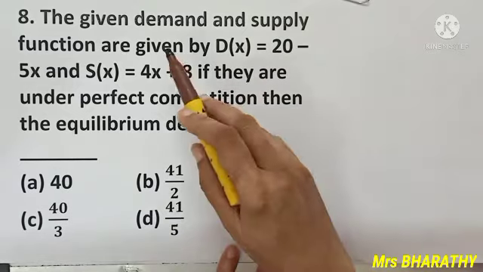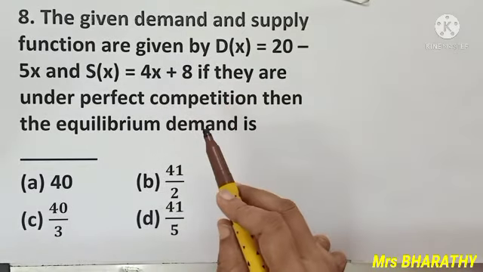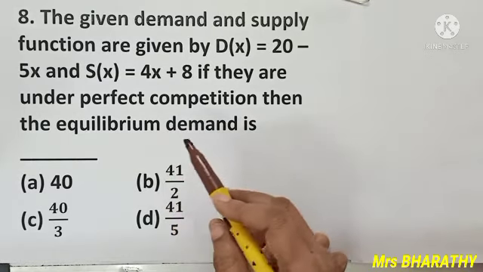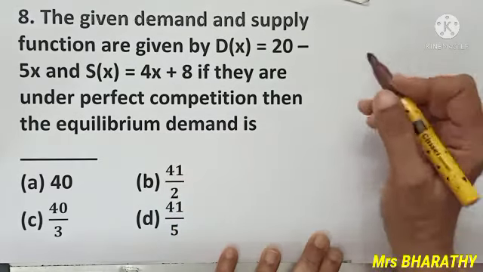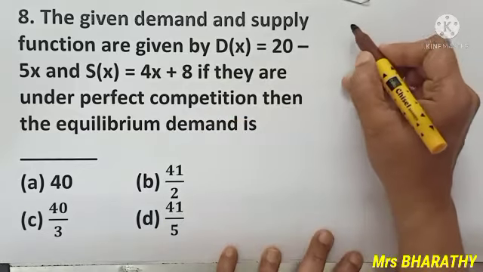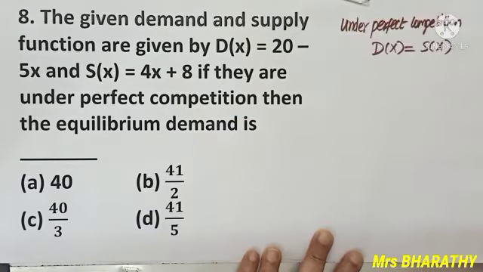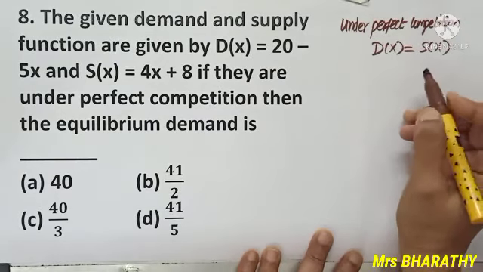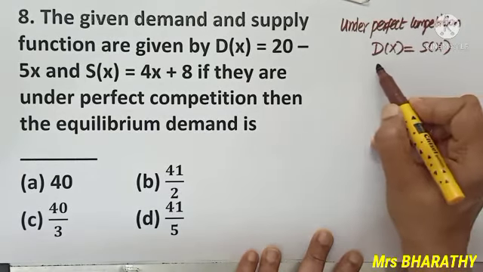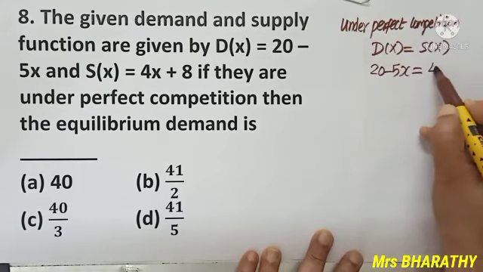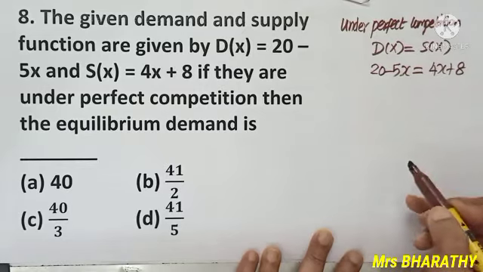Question number 8. Given demand and supply function, under perfect competition, we need to find the equilibrium demand. So, under perfect competition, d of x equal to s of x. d of x 20 minus 5x, s of x 4x plus 8.